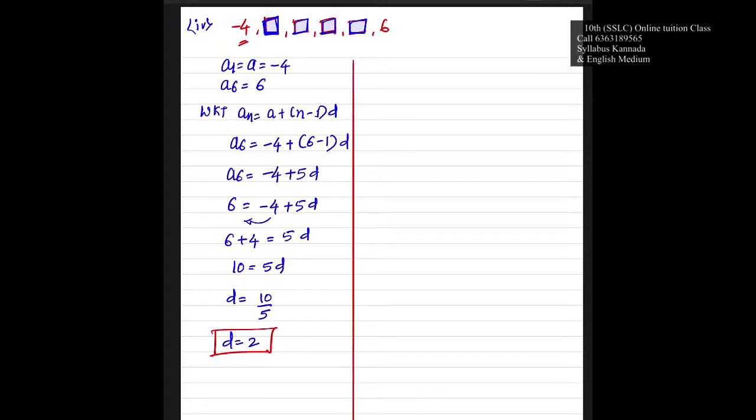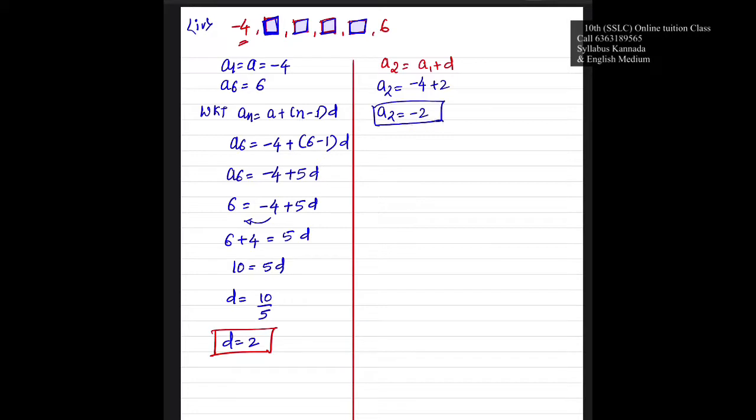Okay, so now we have to calculate the value of a2. So what is a2? First term plus common difference. a2 is equals to first term is -4, common difference is 2. So a2 is equals to -2.